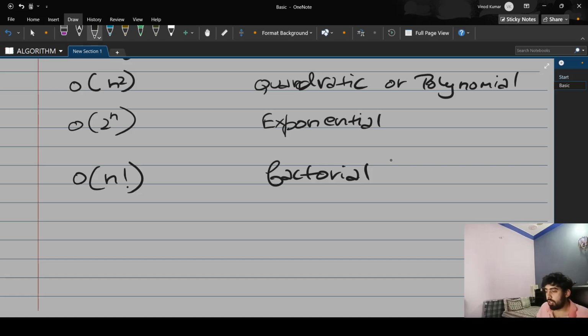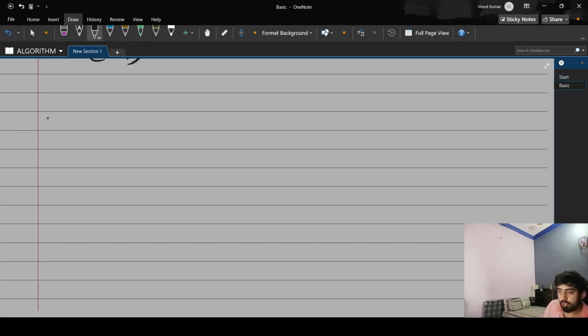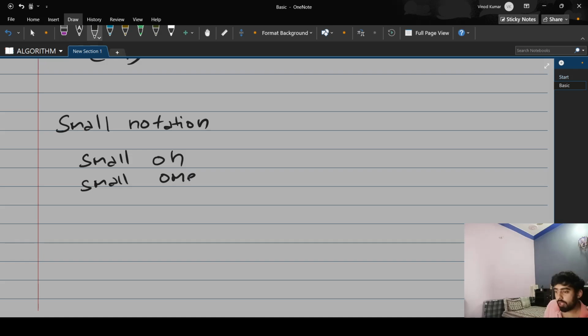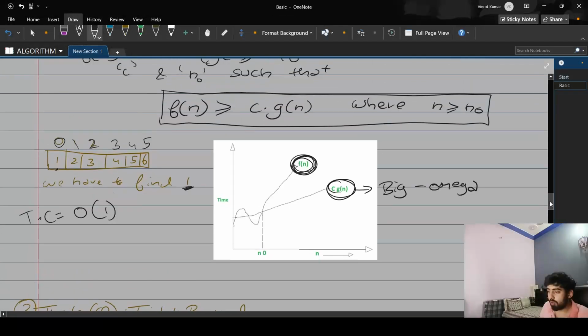Now with this, there are small notations also. These are not used much, but it's better to understand. There are small o and small omega. Small theta is not there. Let me go above and explain.